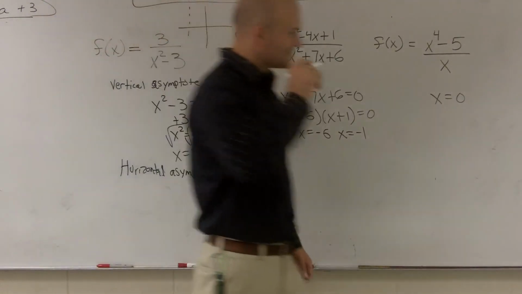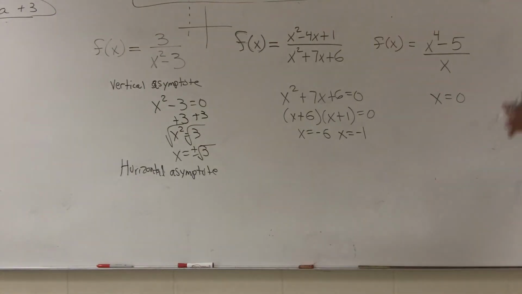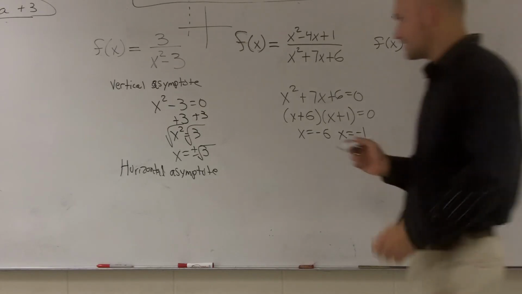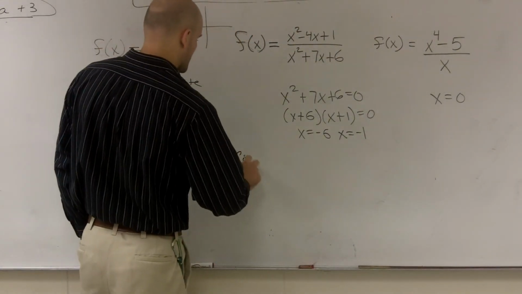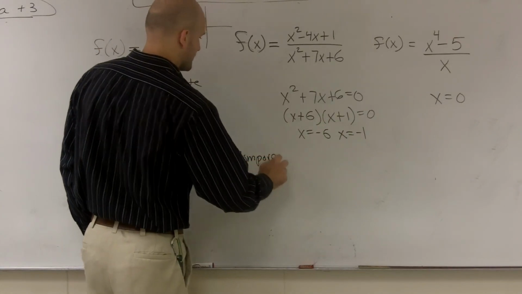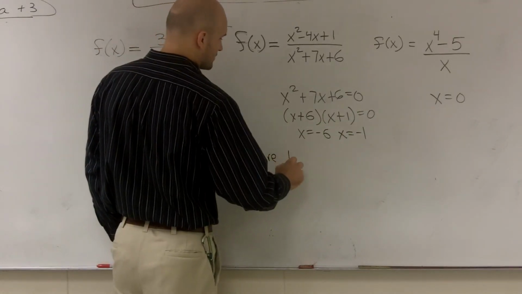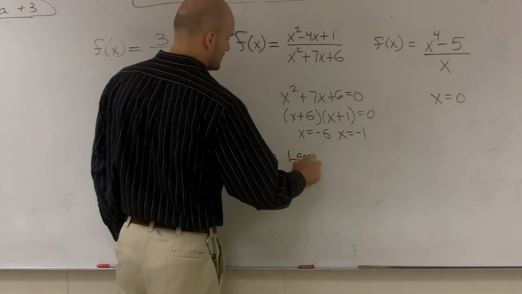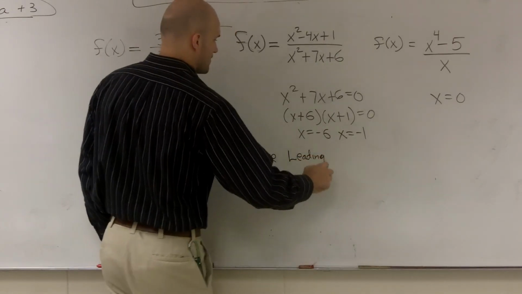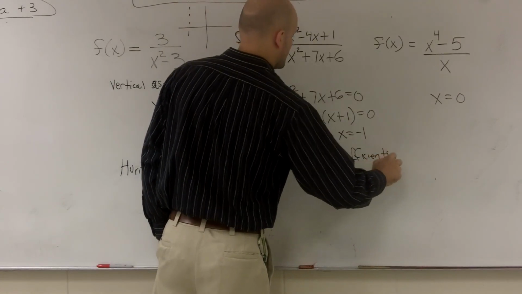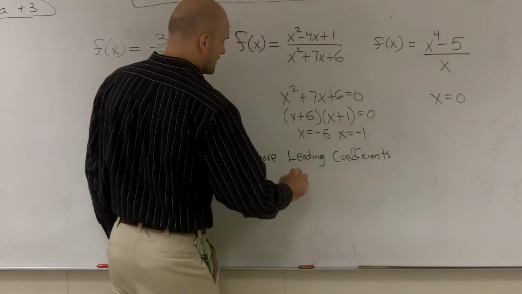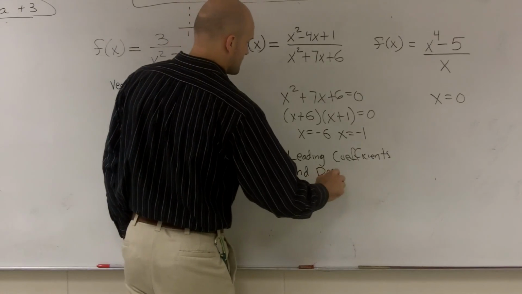When you want to find your horizontal asymptote, there are two things we need to look at: our leading coefficients and degrees.